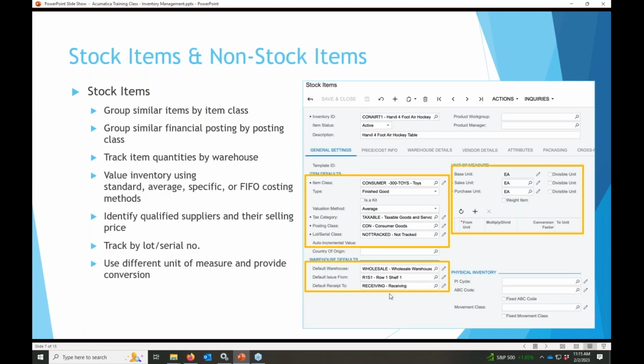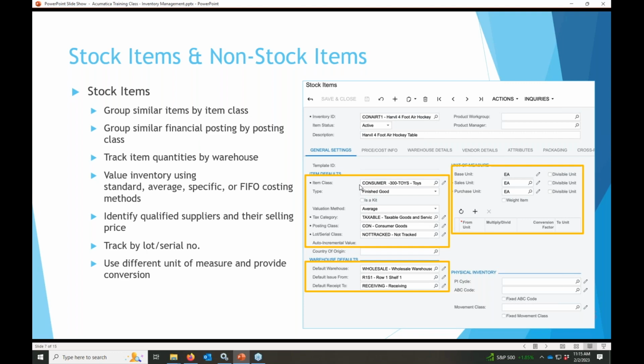So the next is we're going to be looking at some stock and non-stock items. So first tab here, we've got some stock items. In this example, we've got a Harville 4-foot air hockey table. So with stock items, we've got the ability to group similar items by item class. So over here, in this area here, we've got our inventory or item defaults.